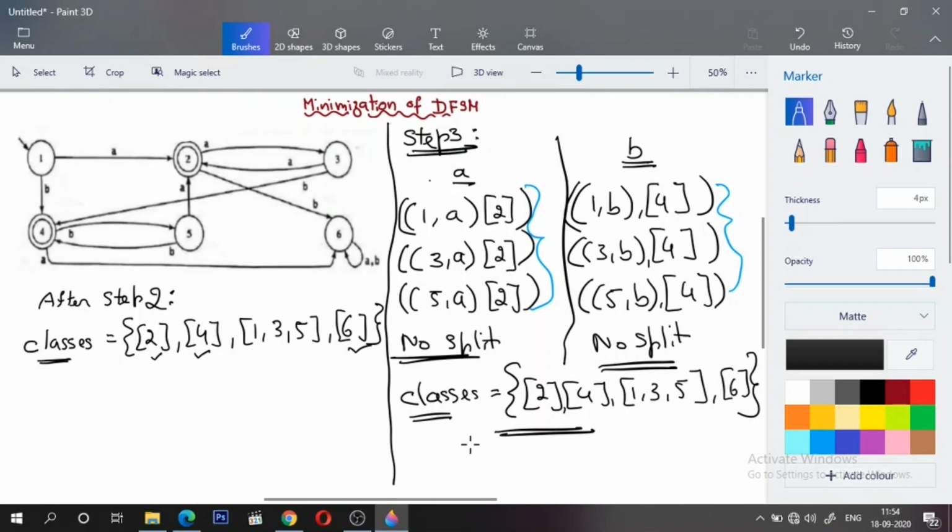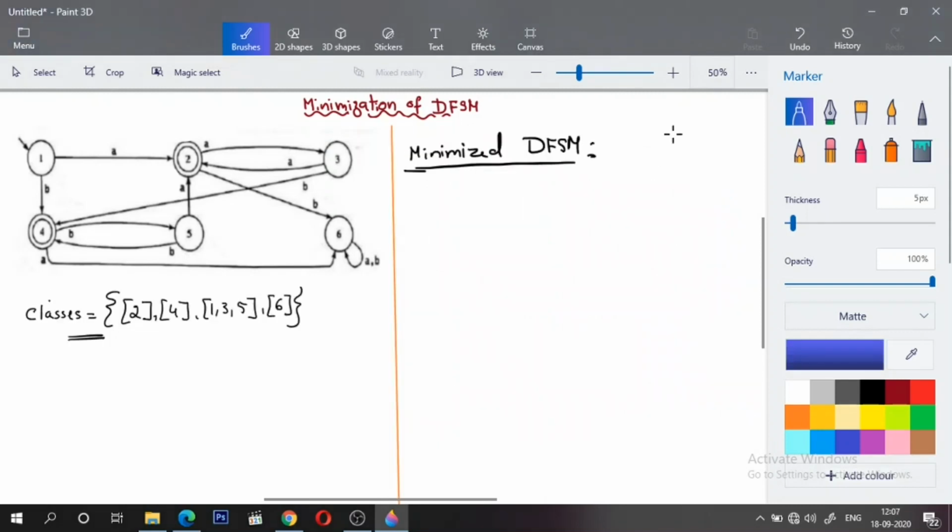Now we have to write the transition diagram for the minimized DFSM that I got after step 3. That depends on the number of classes that I got at the end of the iteration. So how many classes do we have? We have 4 classes, right?